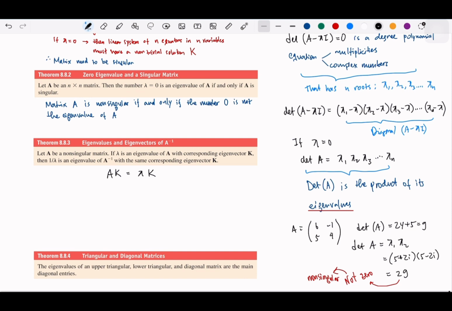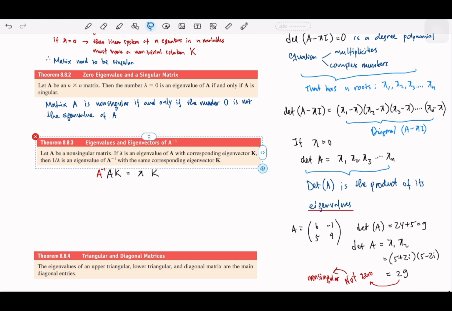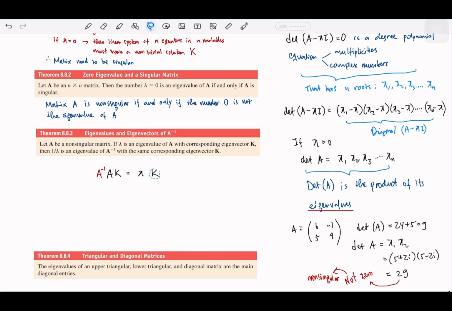Remember, the eigenvalue is this scalar, right? So we multiply with the inverse on the left side of k, so I will write here A inverse.